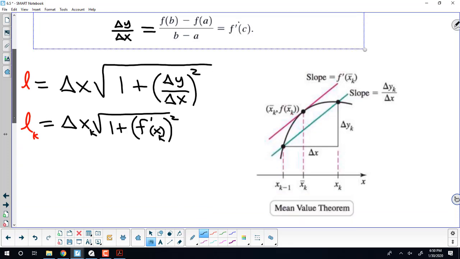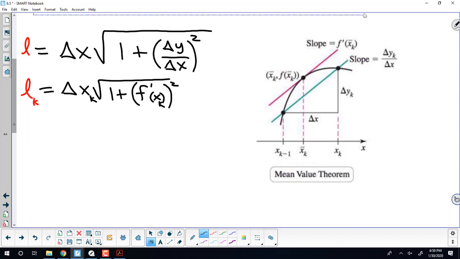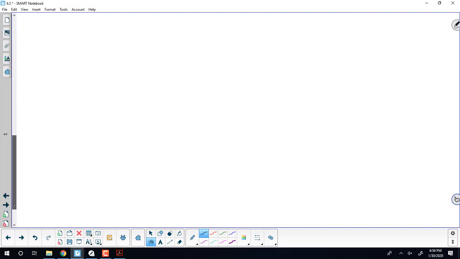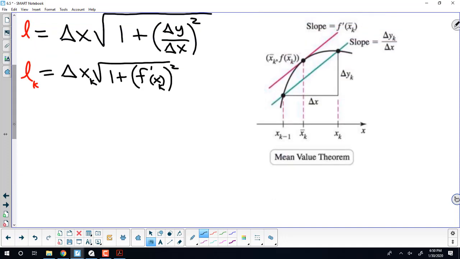Okay, so then is everybody okay with that? Slope turns into the derivative. We have a delta x times the square root of 1 plus f prime squared. And so when we let those go to infinity, somewhere we get our integral for arc length.